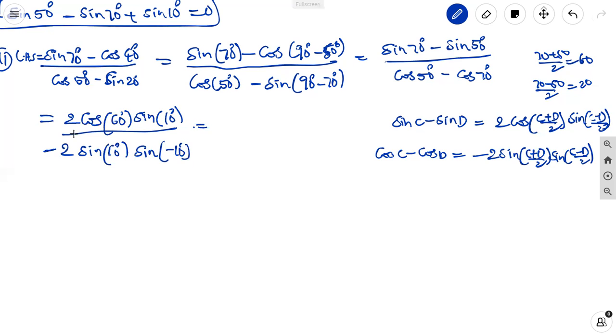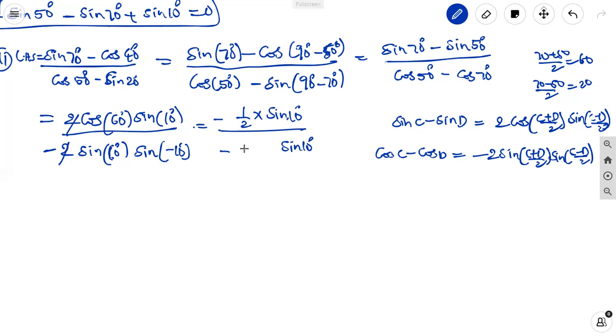It is equal to 2 cancel, minus 60 value is 1 by 2 into sine 10 degrees, by sine of minus theta is minus sine theta, sine 10 degrees.